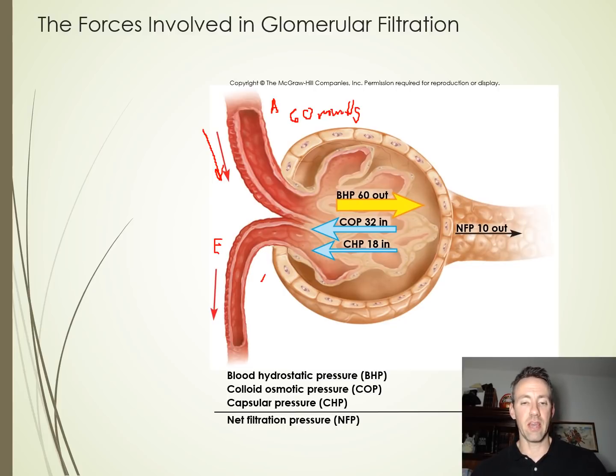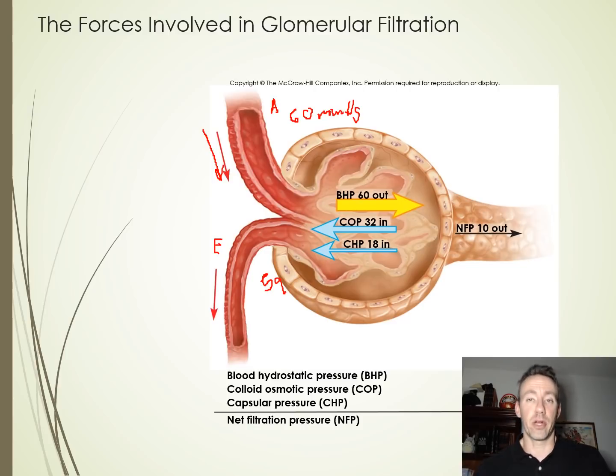And down here at the efferent end it's 59 millimeters of mercury, so it only drops about 1 millimeter of mercury. Unlike the capillaries we discussed earlier in the semester, where you had a drop from about 35 millimeters of mercury to about 10 or 15, which is a much larger drop in pressure. The arterioles here are a much higher pressure system. We're dealing with 60, and it only drops to about 59.